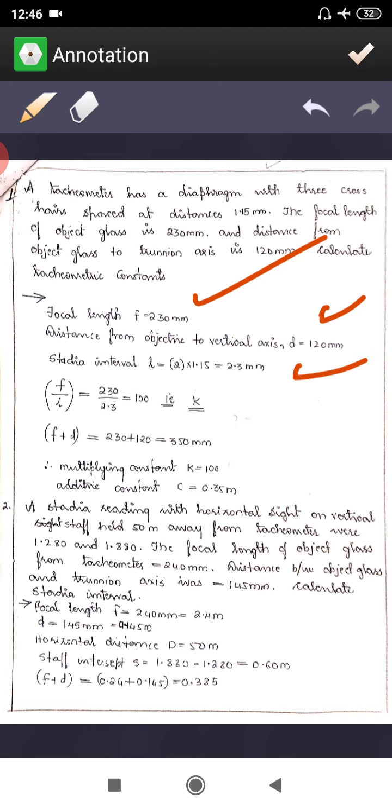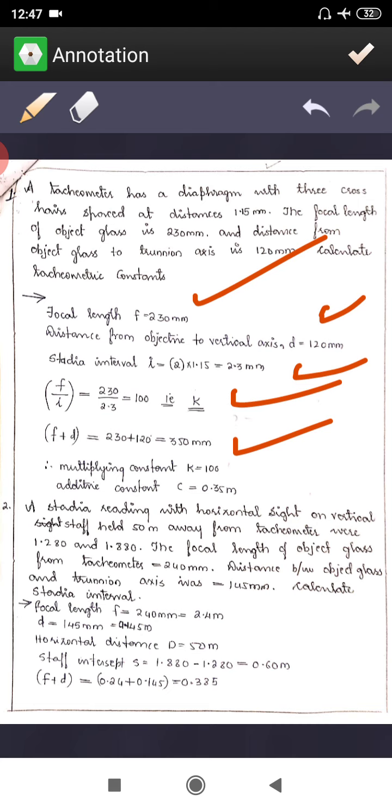Then using the formula K is equal to F by I, that is 230 divided by 2.3, which is 100, and C is equal to F plus D, that is 230 plus 120, which is 350 mm. Now it is not necessary that every time you should get C equal to 0. You are going to get some other values too. So this is what the first problem says, that we have got K, the multiplying constant, and C, the additive constant.